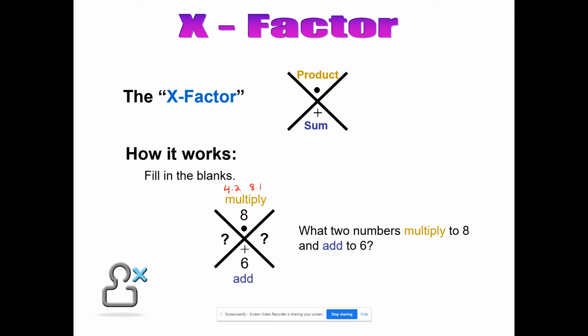Those are the 2 numbers that multiply to 8. So either of these numbers, if you add or subtract them, any of these sets of numbers, would they add or subtract to 6? Well, 4 plus 2 is 6. So, there it is right there. So the 2 numbers are 4 and 2.